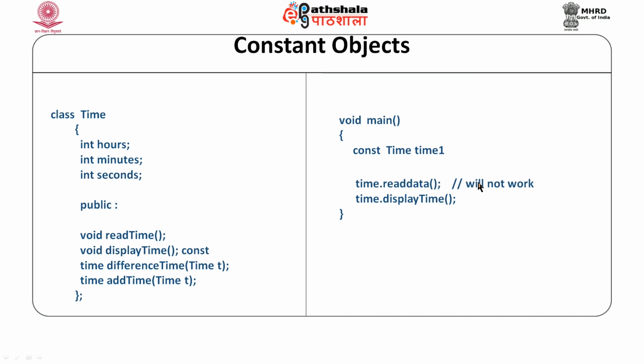Because instead of read data we have a function read time here, so refer to this as read time. Now, this read time function is not a constant function, therefore, this cannot be invoked on this time object. But display time is a constant function, and a constant function is not capable of modifying the data members, therefore, this constant member function can be invoked on the time object.